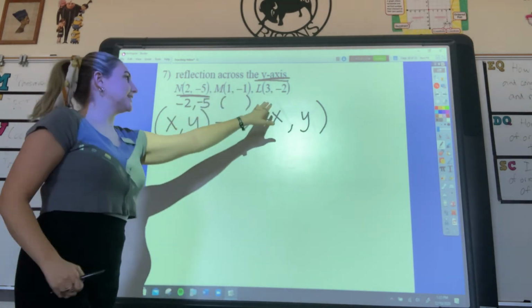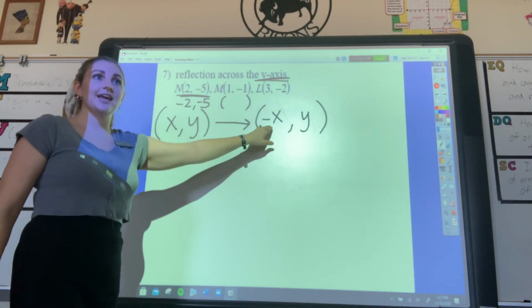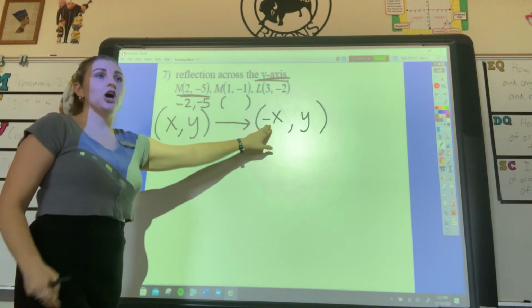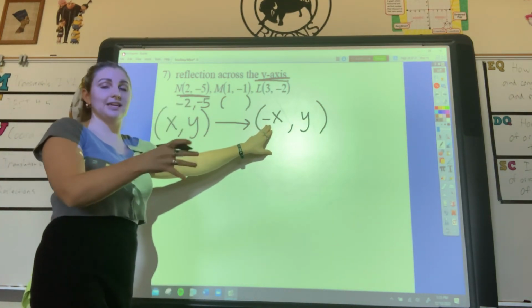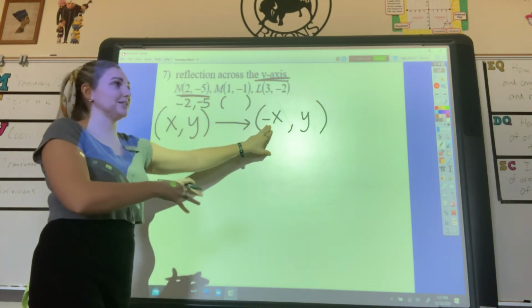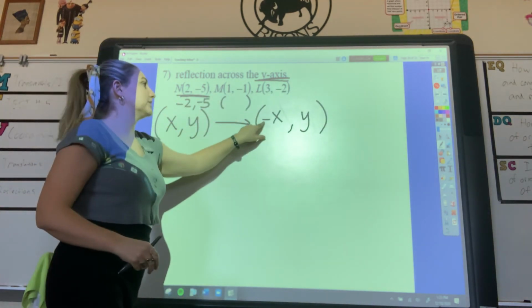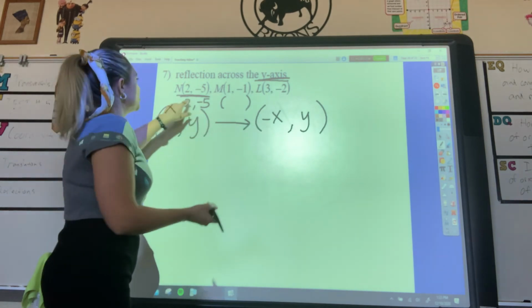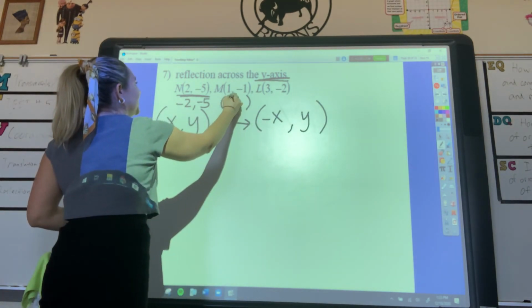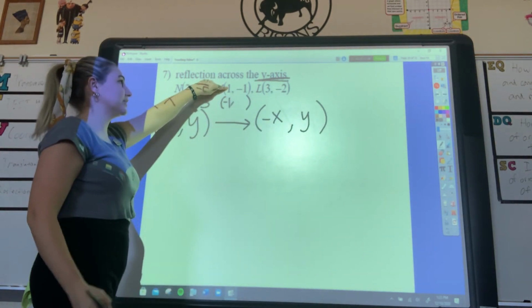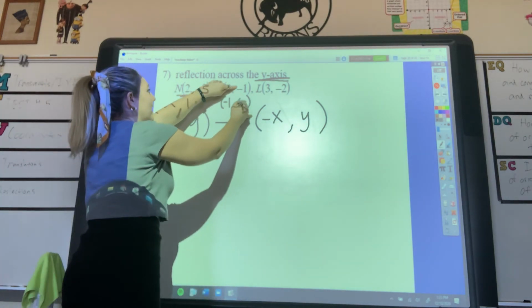So I shouldn't say it's negative. This doesn't always indicate a negative x. Sometimes it'll go from positive to negative, and sometimes it'll go from negative to positive. It's just going to switch. So this negative in this rule is going to indicate a switch. So this will become -1 because it was originally a 1 to start with, and the y is going to stay the same.